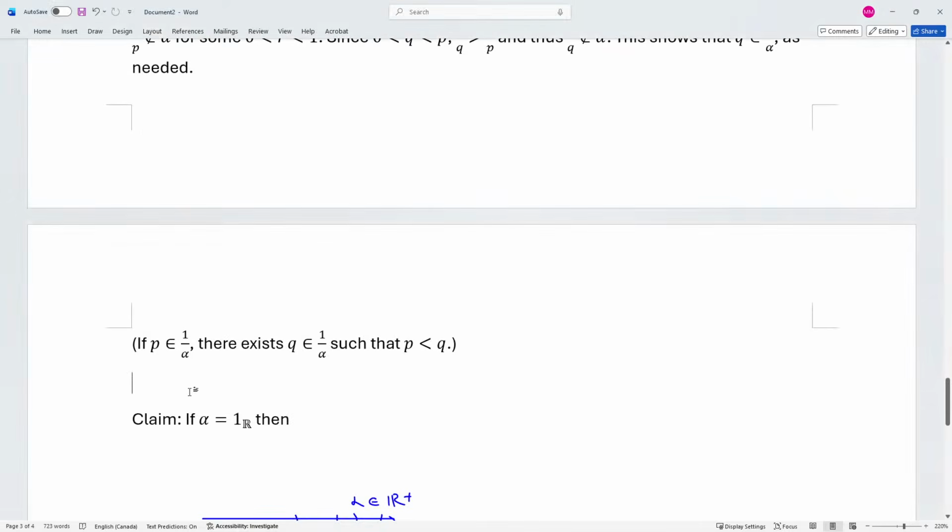So here we first show that there is something positive.